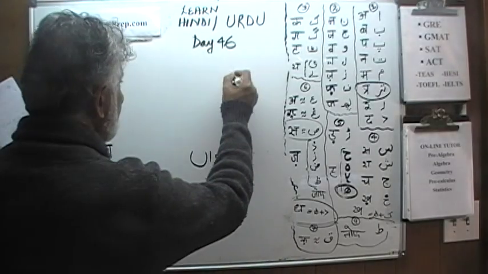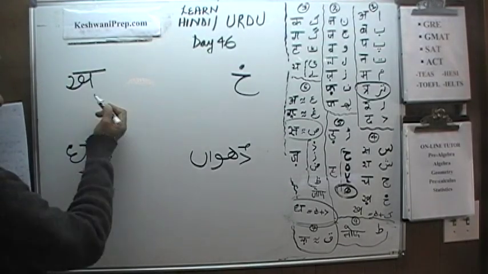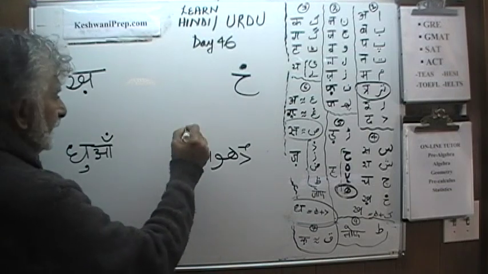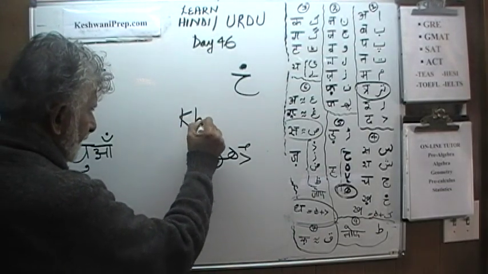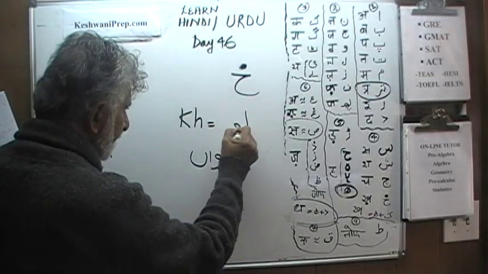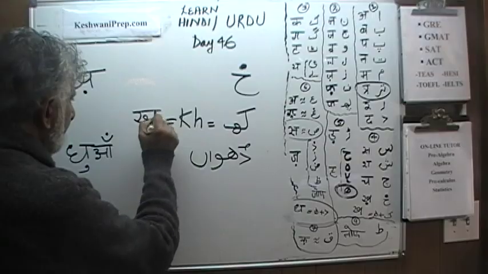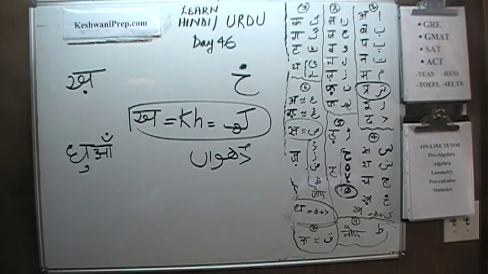Here's the word, khwab, and this is the kh with the dot there. As you also know, we have a kh made with a kaf and a he, which is the exact equivalent of the Hindi letter kha.